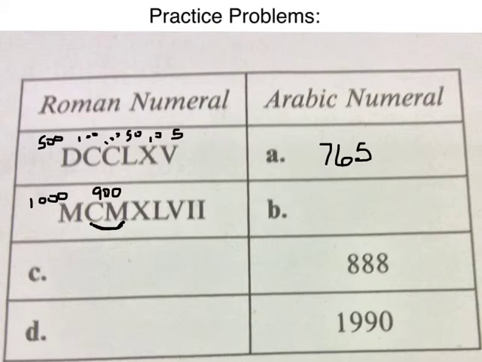And we have the same situation here. 10 is less than 50, so we say 50 minus 10 is 40. And then 5, and then 2. So 1,940, and 5 plus 2 is 7.